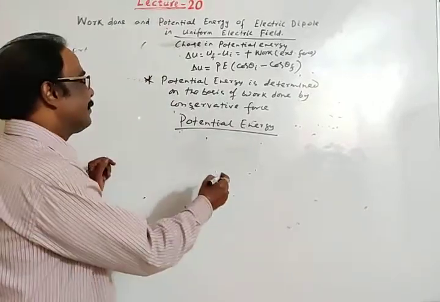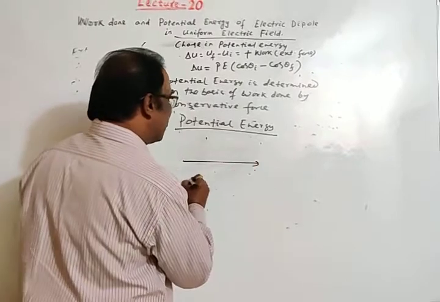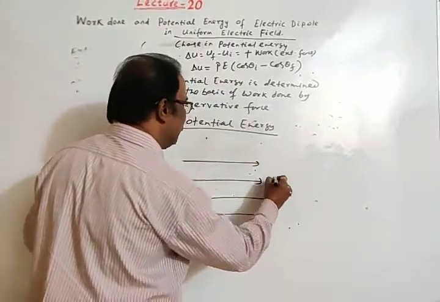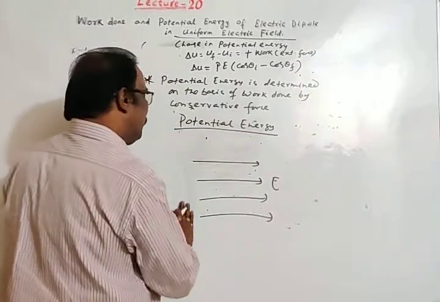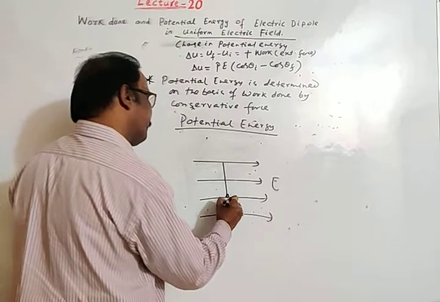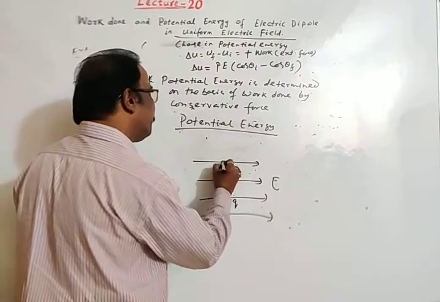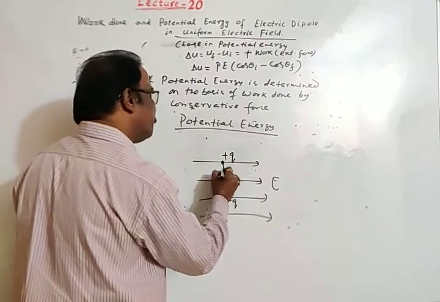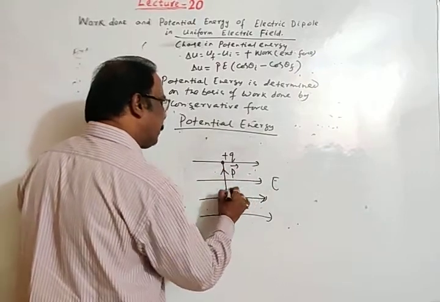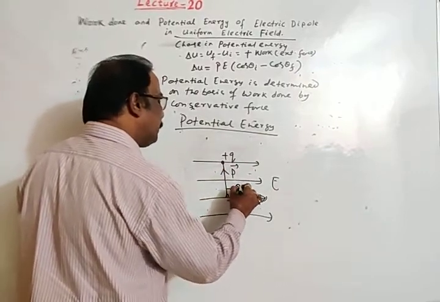See, this is a uniform electric field E. If I place a dipole like this, this is minus q, this is plus q, this is the direction of the dipole moment, and this is the direction of the electric field, so the angle between them is theta.